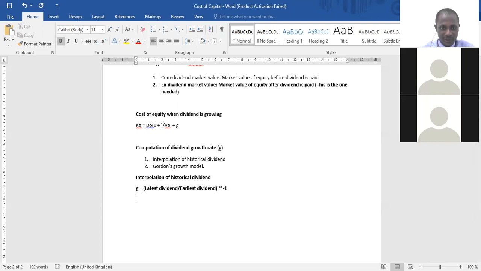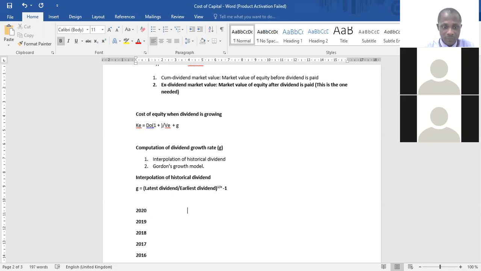Let me illustrate this. Let us assume that we have these years: 2020, 2021, 2022, and okay, no. We have year 2019, 2018, 2017, and year 2016. And the company paid the following dividend in these years.